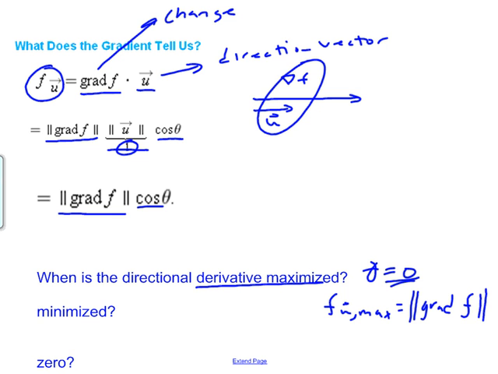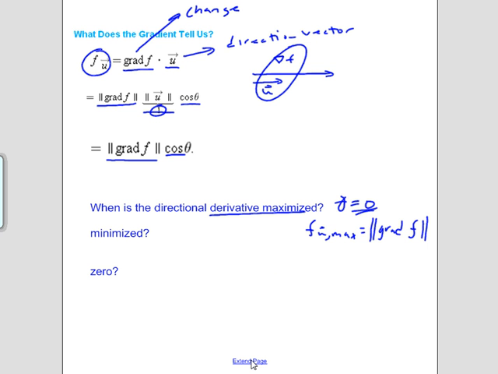When will the directional derivative be minimized? It'll be the smallest when theta equals pi, because when theta equals pi, cosine theta is the smallest it will be. So the minimum our directional derivative can be is negative the magnitude of grad f.